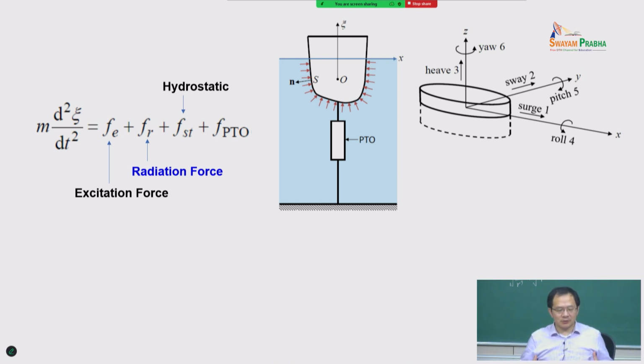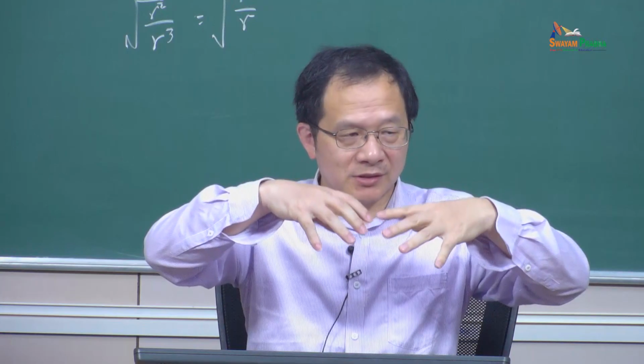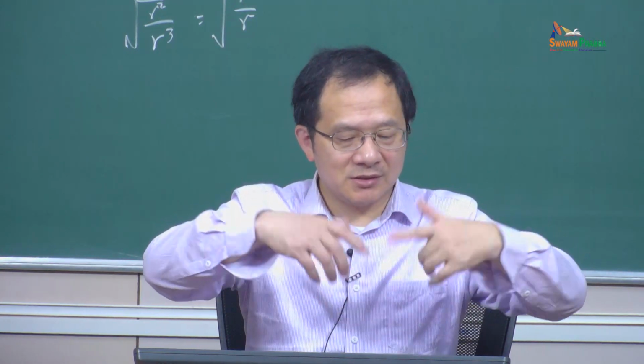Another is the hydrostatic force. What does that mean? You put a buoy in the water, or a basketball, whatever like that, and you pull it down. The force increases, right? This is a spring force, the hydrostatic spring force.